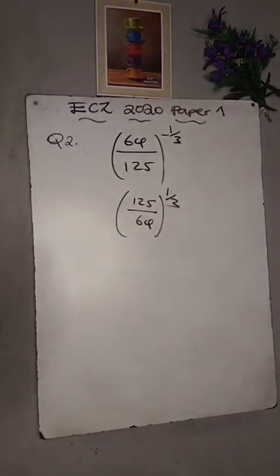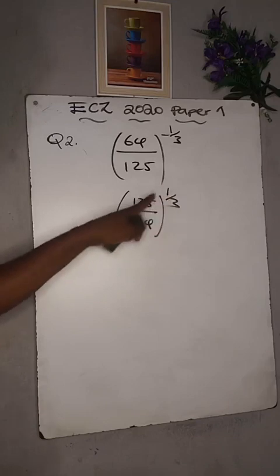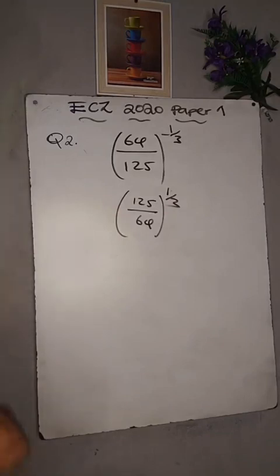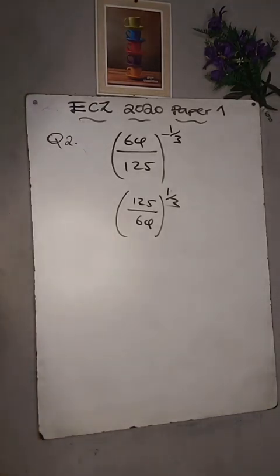Then the next thing that you need to understand is that every time you have a power that is a fraction, you look at its denominator. If the denominator is 2, you square root whatever you have been given.